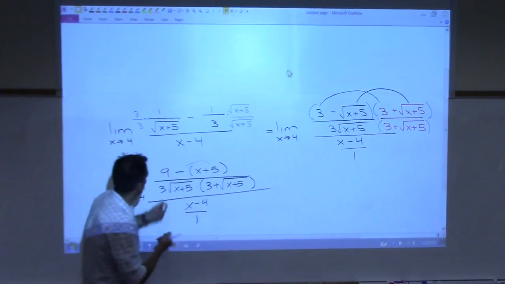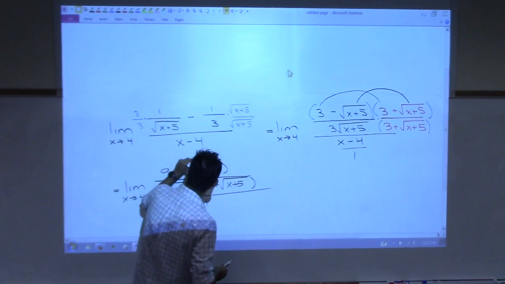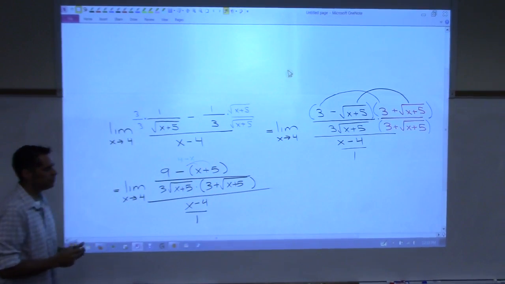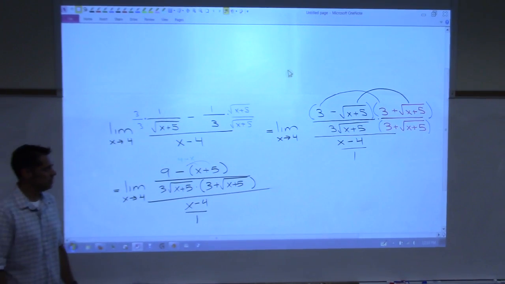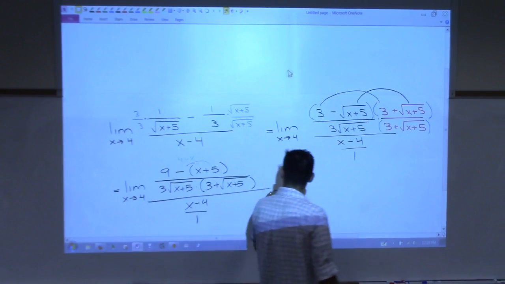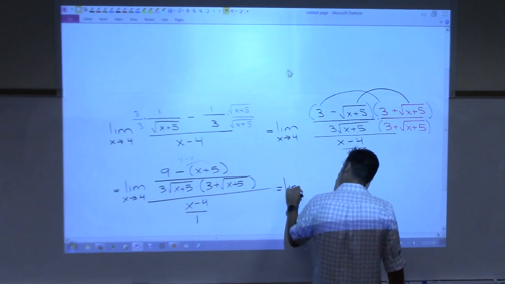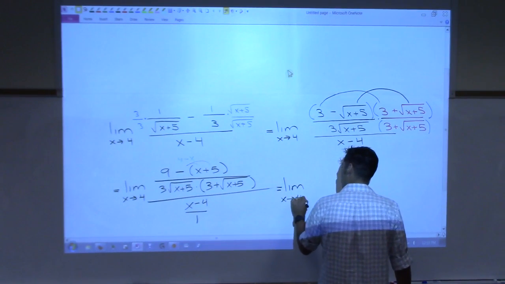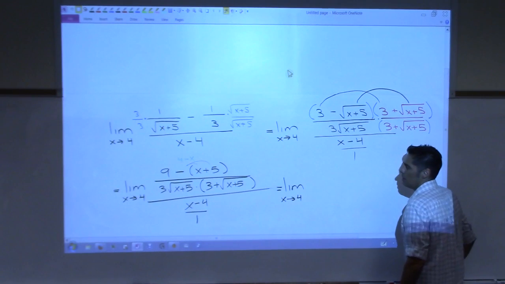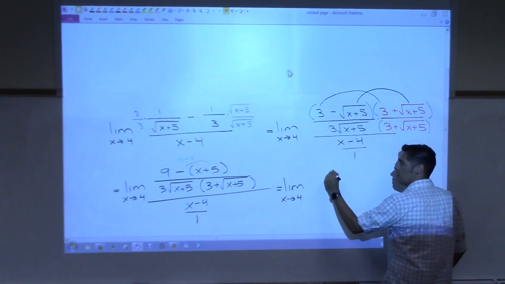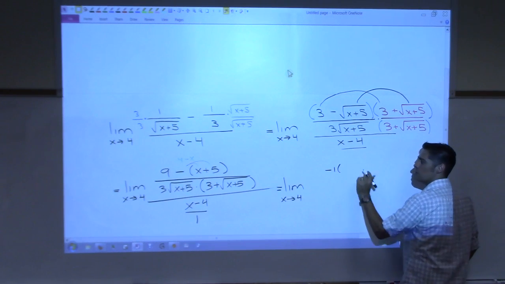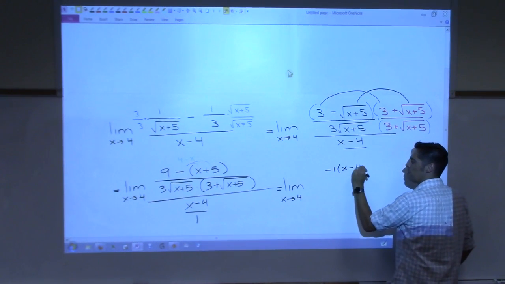I'll just write it above here. This turns into 4 minus x up here. 9 minus x minus 5. So my next line will be limit x approaches 4. And I'm not going to write 4 minus x. I'm going to write negative 1 times x minus 4.